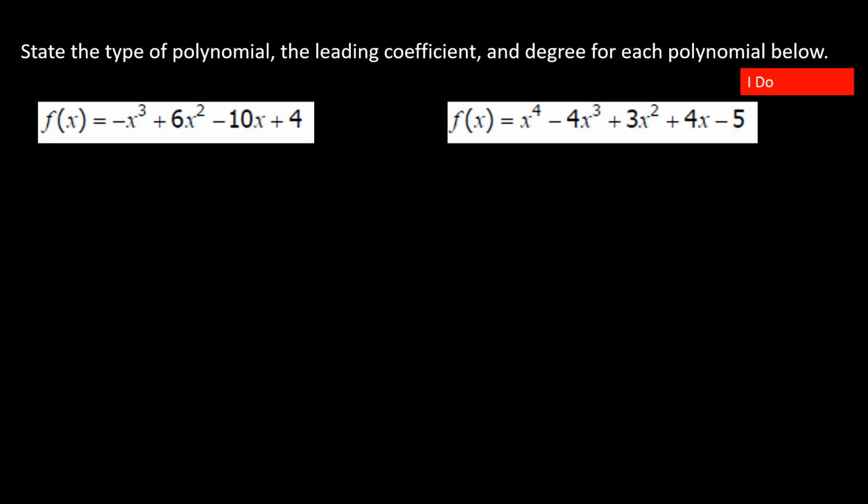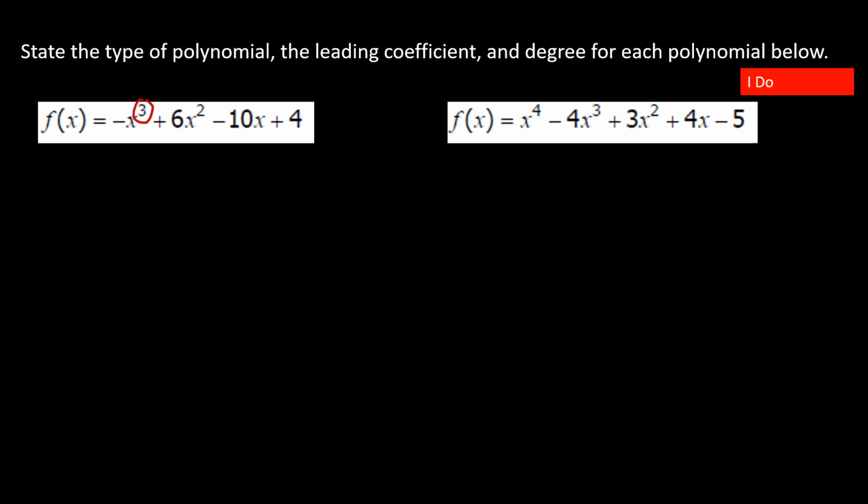The next one says to state the polynomial, the leading coefficient, and the degree of the polynomial. Okay, cool. So to state the polynomial, we're going to look first and foremost at how many terms we have, right? And the degree.